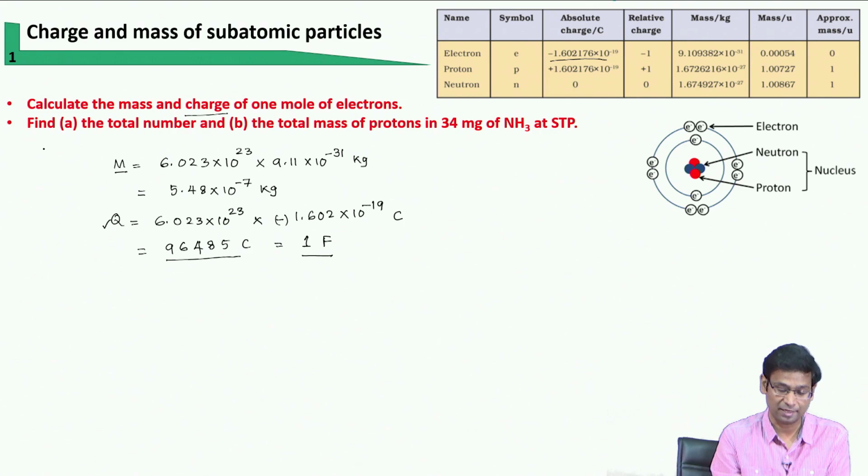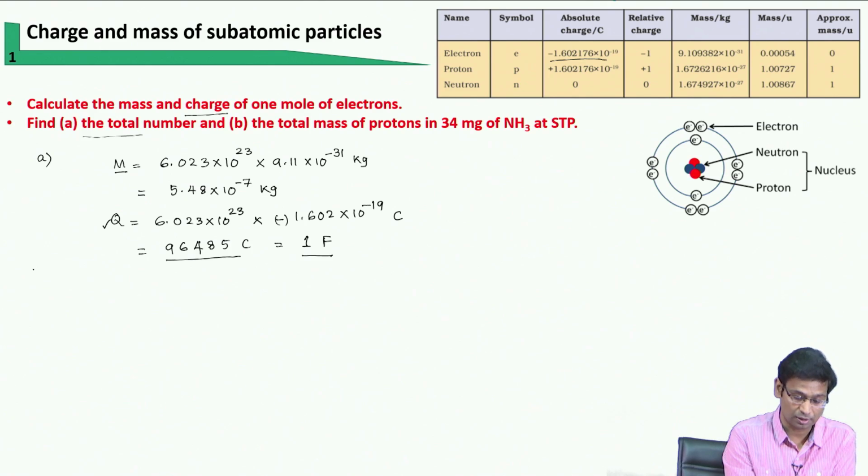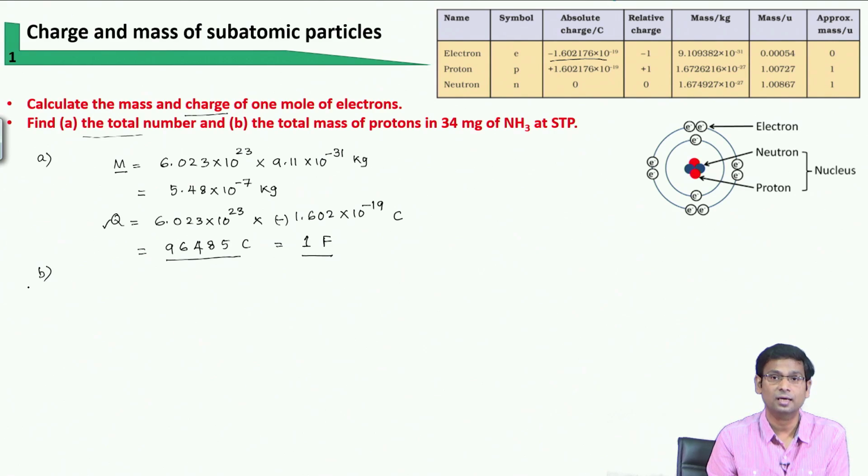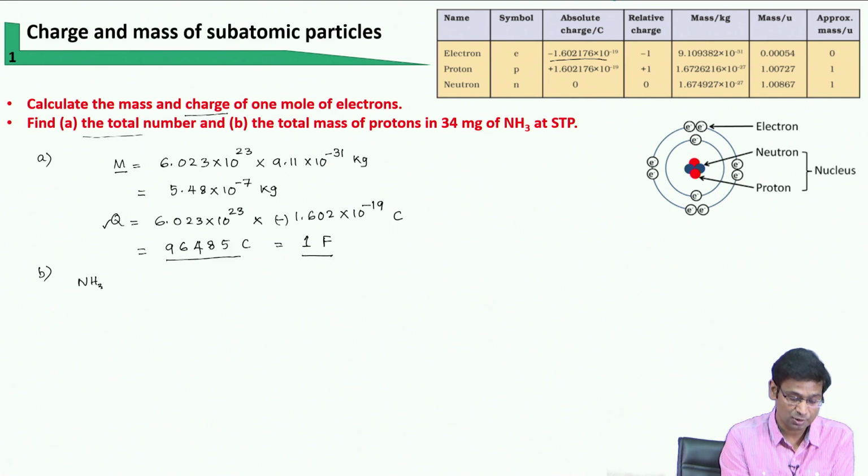Now let us look at the second question. It says, find the total number and the total mass of protons in 34 milligrams of ammonia. Ammonia has 1 nitrogen atom and 3 hydrogen atoms, so its molecular mass is 17 gram.